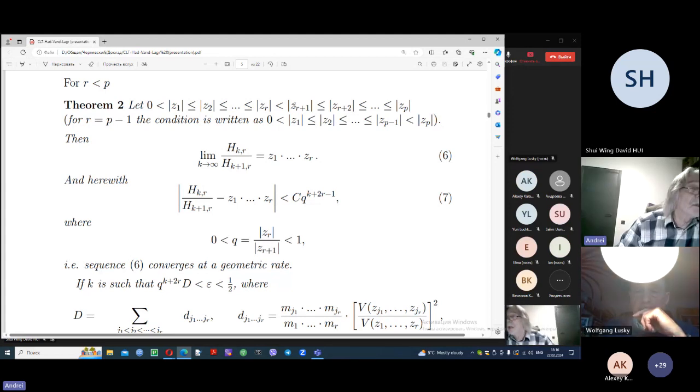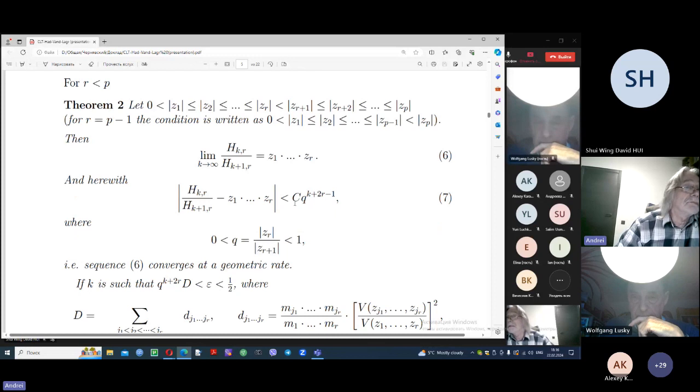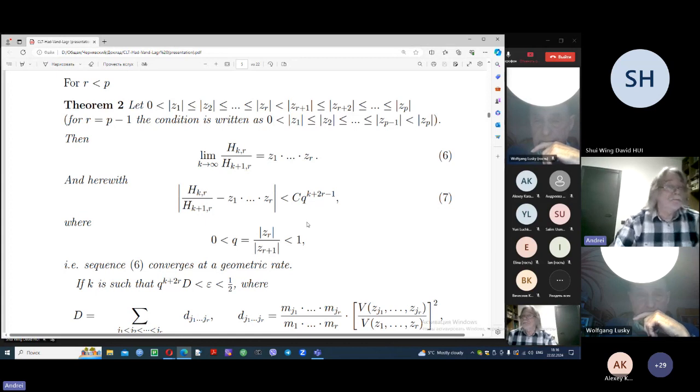In fact, we can also estimate the constant here, but for practical needs it's not necessary, since the convergence is very fast, very good.